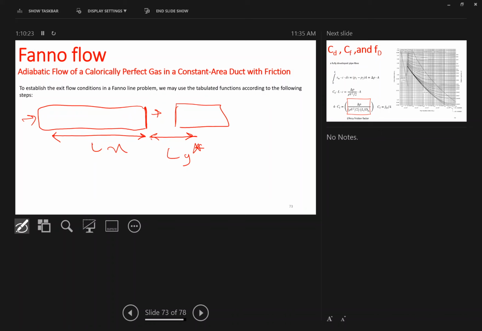If your Lx plus Ly star is larger than your original length L, should we decrease the guessed Mach number or increase it? Decrease.